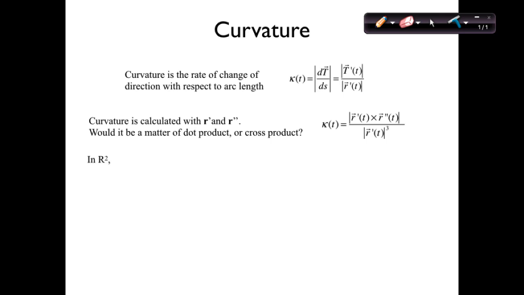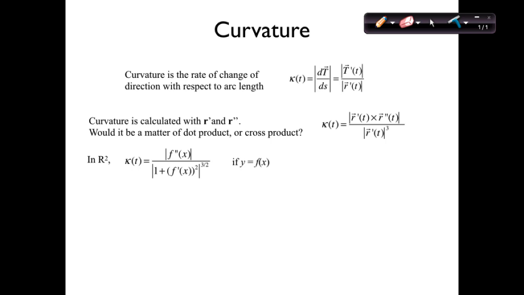So in R2, if you have y as a function of x, it's this formula. You take the second derivative, take the magnitude of it, and divide by the absolute value of 1 plus the first derivative squared, raised to the 3/2 power. Again, I didn't derive this, I'm just telling you what it is.